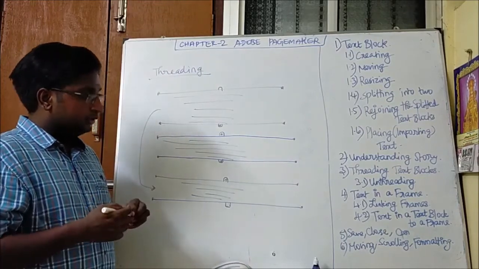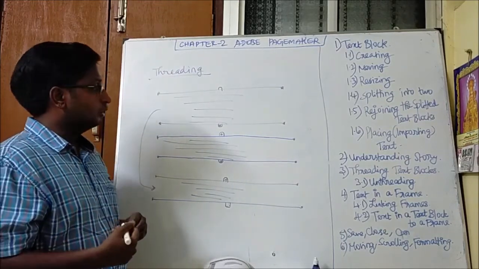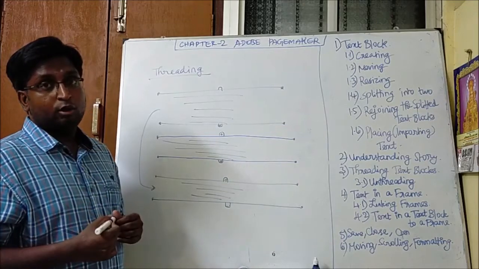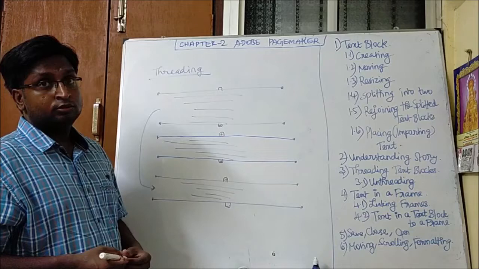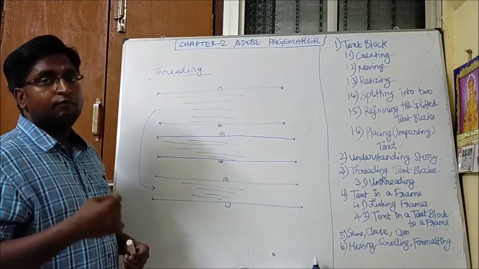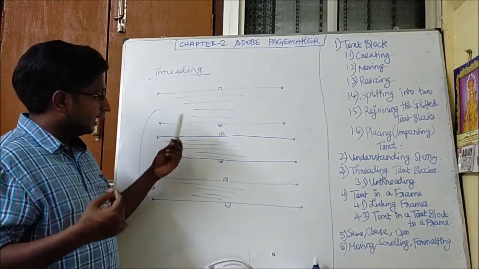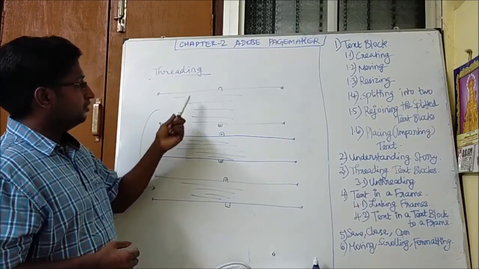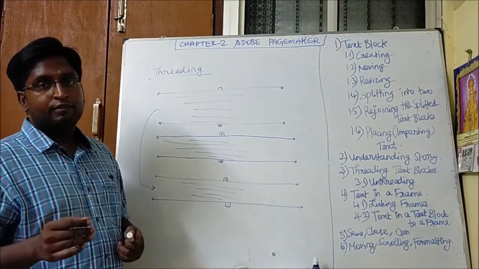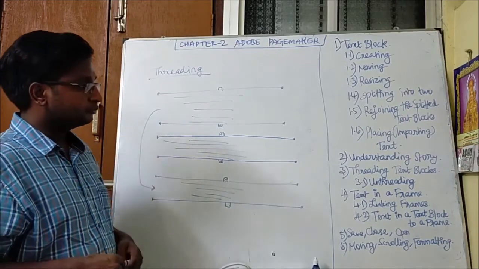So this is the thing we have to focus on while unthreading the text block, because the text flows in all the three text blocks. So we have to keep in mind whether we are unthreading the correct text block. This is the major point we have to have in mind while unthreading.